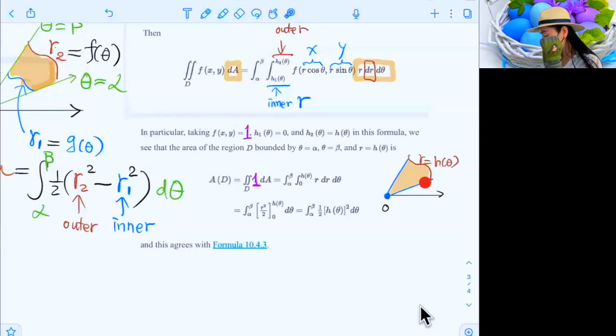Think about this as a piece of cake, but this one here has the height 1. So when you use base area times 1, that's a volume. Remember, this double integral corresponds to the volume.